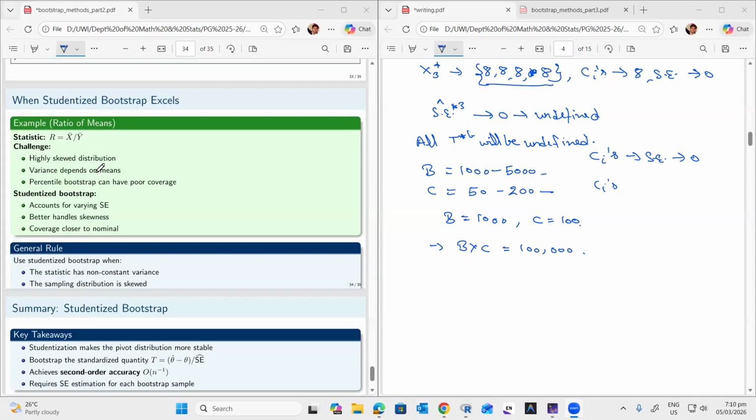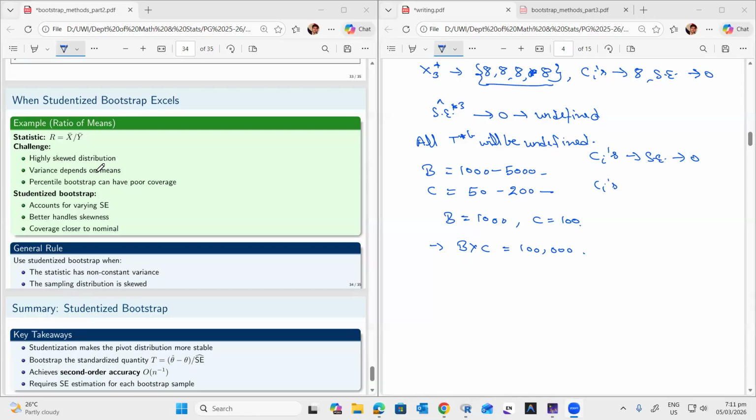All right. If variance depends on the population mean and the variance of x and y, the scale of the estimator changes with the unknown parameter. So heteroscedasticity or non-constant variance will be there. And the second one is the percentile bootstrap can have poor coverage. At that time, if y bar is close to zero, some bootstrap samples blow up.